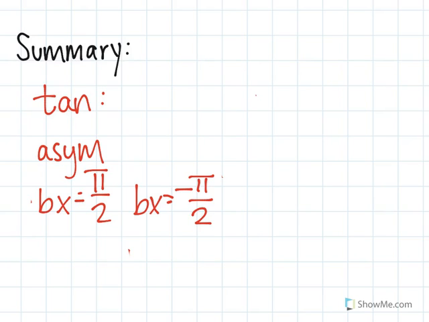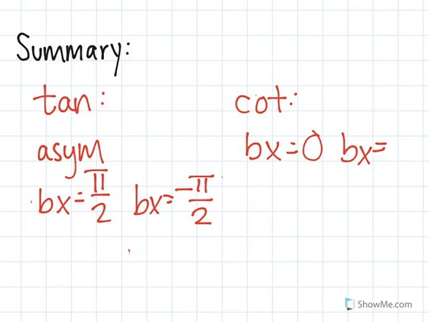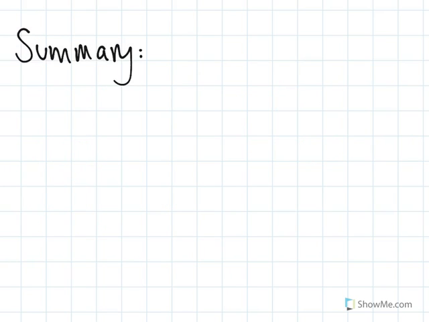So you'll take your b value, plug in, and solve for x to figure out where your new vertical asymptotes are. With cotangent, you're going to see asymptotes at bx equals 0 and bx equals pi. So this is important when you're going through. If you're trying to graph tangent or cotangent, you're going to want to start off finding your asymptotes, and from there you can plug in values for your graph.